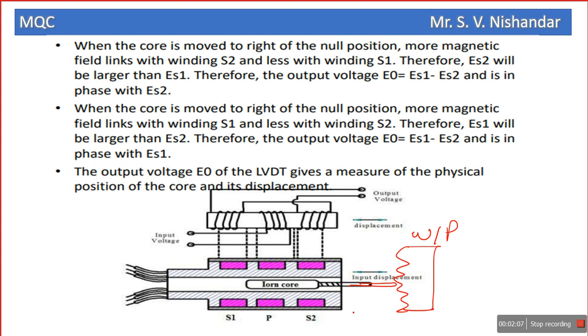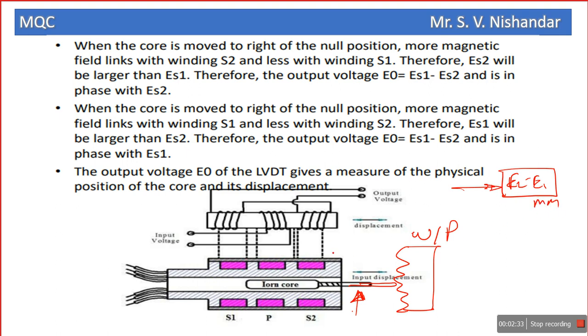When we move the LVDT over the surfaces, the plunger can move, and the output we can see directly in terms of voltage difference, or the electromotive force difference, E2 minus E1. We can directly get the reading in mm.